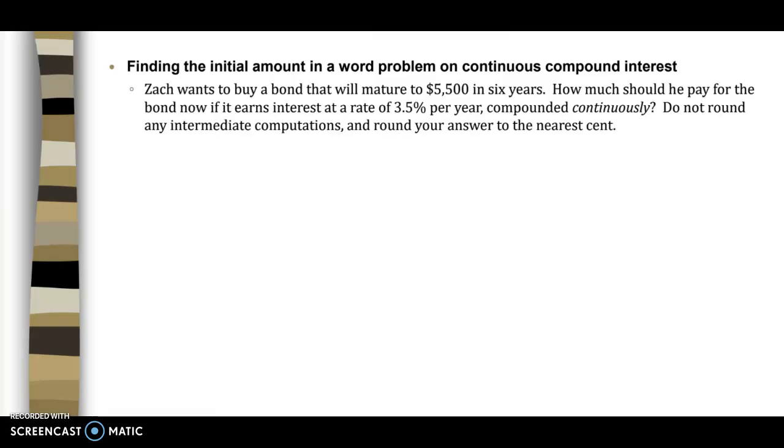So let's first take a look at this set of words, compounded continuously. Remember, if we're told that something is compounded continuously, we're going to use A equals A naught or P e to the RT.